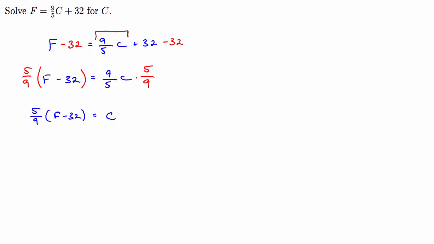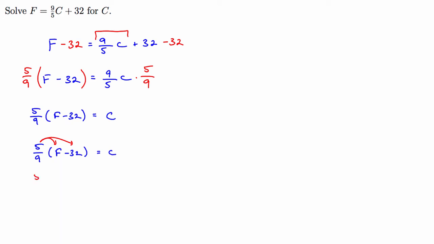Some people would be inclined to stop here, as they've just done what was directed. They've solved the formula, they've solved the equation for C. Others would be less inclined to stop here because they don't like having parentheses left in their answer. So some people might be more inclined to take that 5/9 F minus 32 in parentheses and distribute the 5/9 into the parentheses.